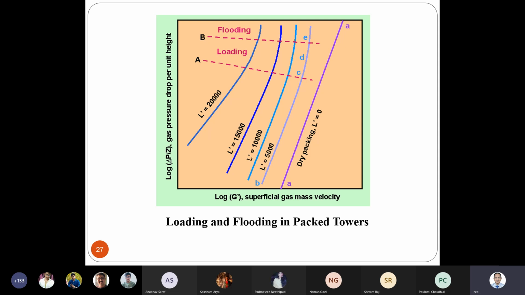This is the flooding line, right? For different combinations of liquid and gas flow rates, you'll get this type of flooding line, as I showed you earlier. From the laboratory data, we'll get this type of plot. At different liquid rates, we'll study this type of loading and flooding characteristics plot by carrying out experiments in the laboratory.